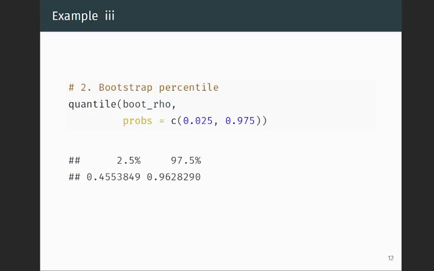Next, for the Bootstrap percentile, we can simply use quantile to compute the sample quantiles from the Bootstrap samples. And in this case, we do get a sensible confidence interval. It goes from 0.46 to 0.96. So it doesn't go over 1.